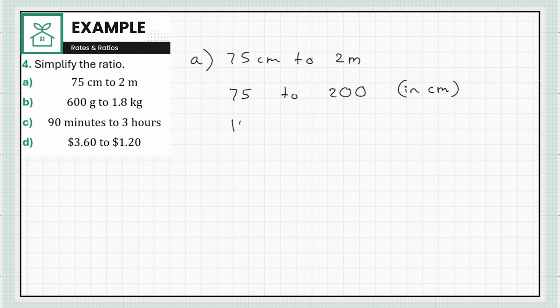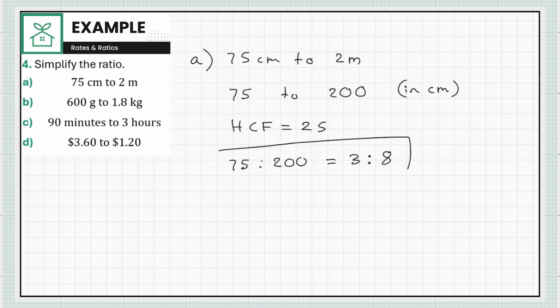So we're going to divide both sides of this ratio by 25. 75 divided by 25 is 3, and 200 divided by 25 is going to be 8. And that is our simplified ratio for this particular quantity.